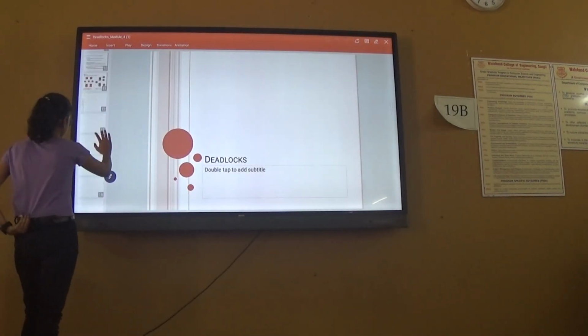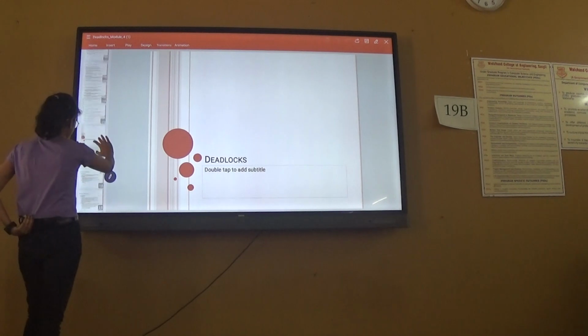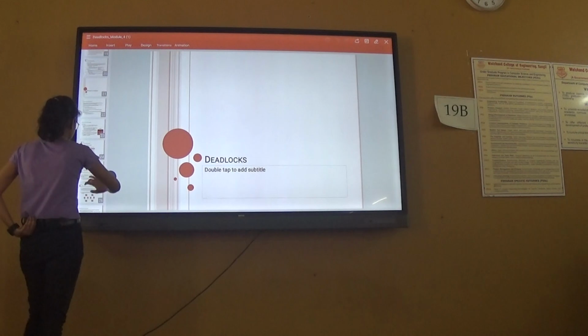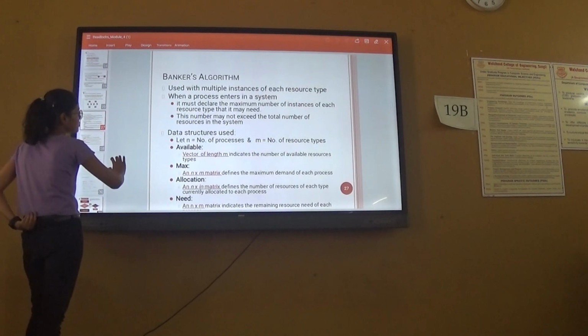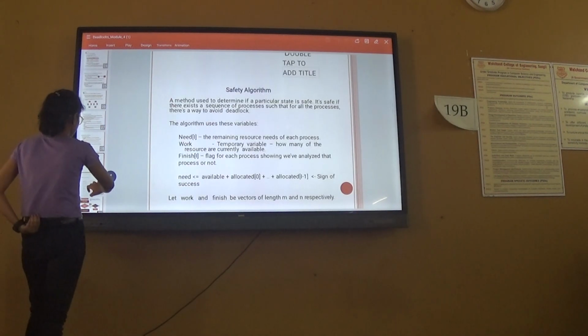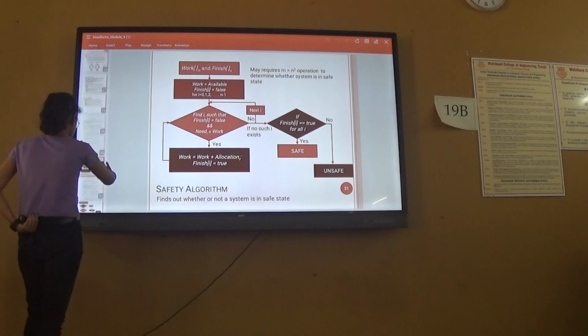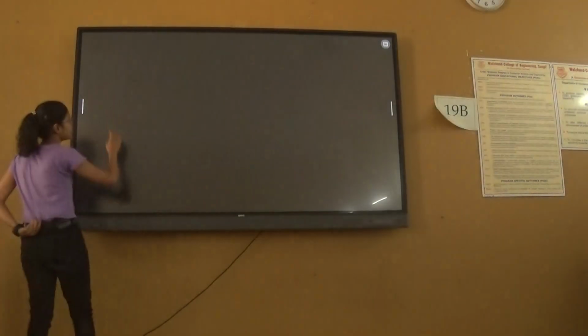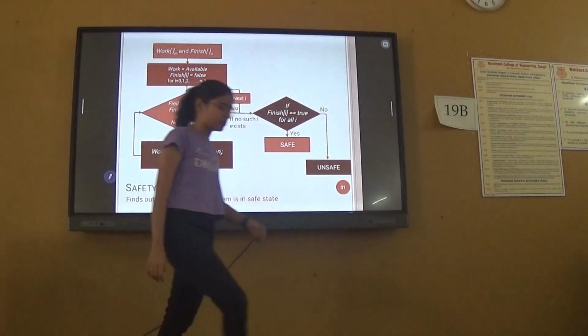Now how many resources will be in the pool? 5. We go to the next process, P2. What is the need of P2? 7. Does P2 have status false? False. First condition is okay. The next condition: can we fulfill the need?